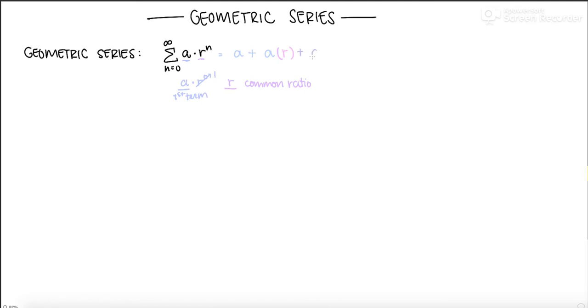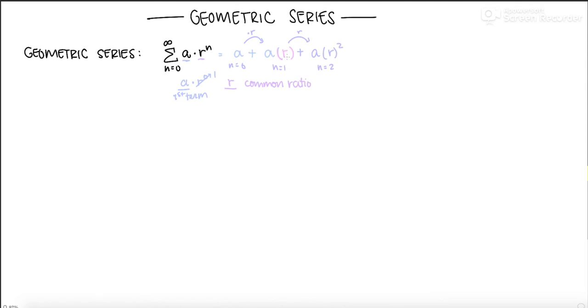So plus a times r squared, as my n equals 2, then n equals 1, n equals 0. As you can see the pattern, I'm just subbing in different values of n to get the next term, and each time we're multiplying by that r.